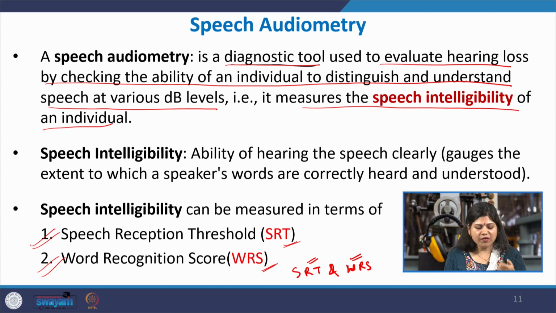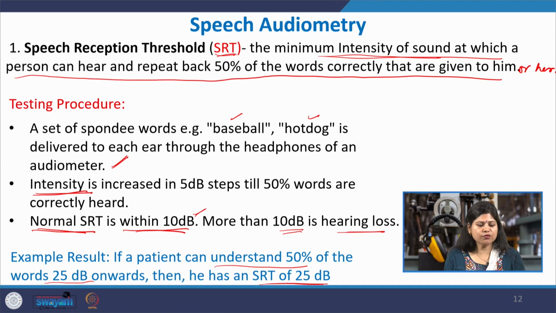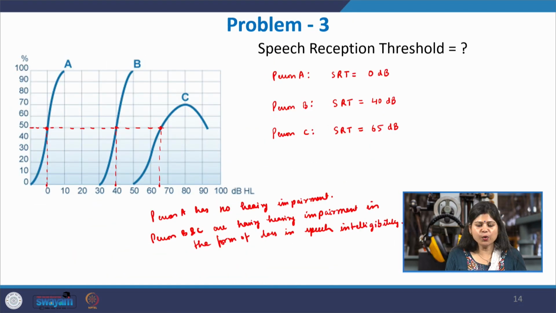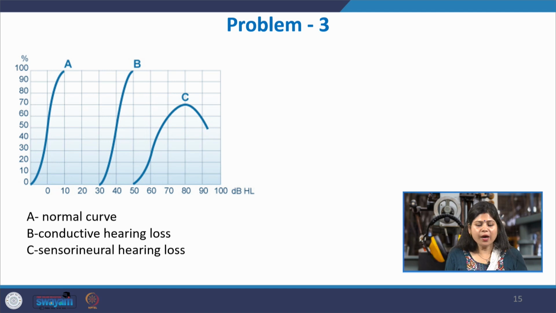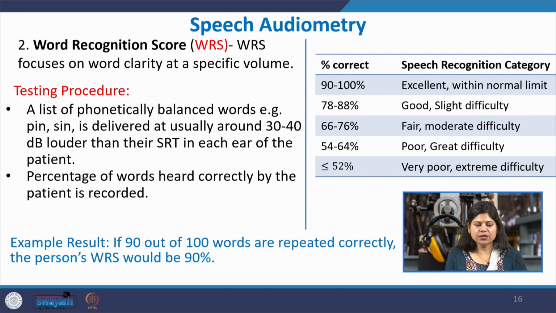So, once the SRT has been calculated for the person using this particular procedure and some value has been ascertained, you go ahead and find out the word recognition score. So, this happens after SRT is found, and WRS is evaluated.